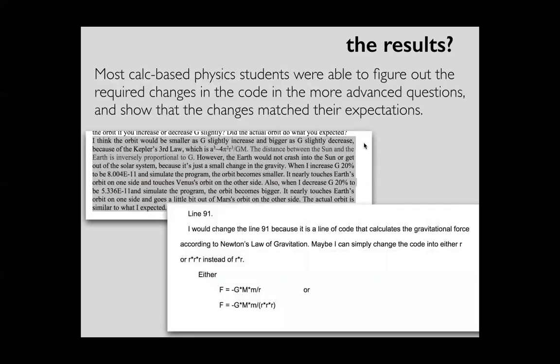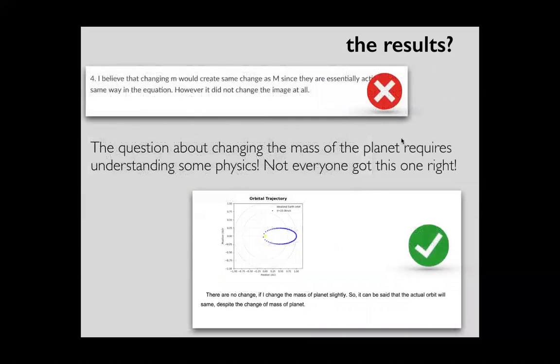Some of the questions required the students to understand some physics. For example, the question that asks what would happen if you change little m, which represents the mass of the orbiting body, which you probably all know cancels out when you write Newton's law of gravitation, that F equals ma, little m cancels out.